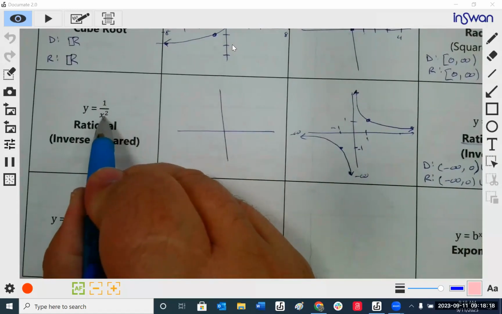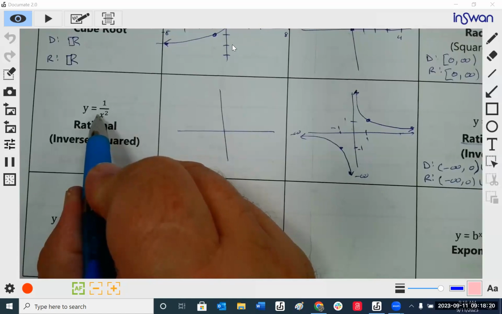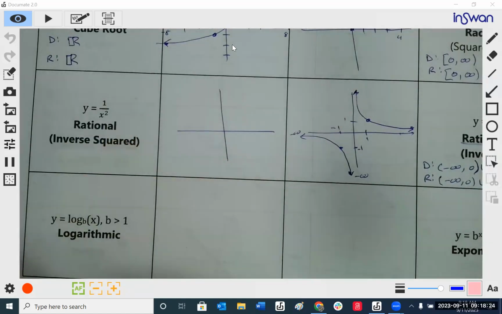What does this square here mean? What's going to happen to this number? Or what's not going to happen to this number? Anybody? Whenever you square a number, will the answer be positive or negative? Always positive.